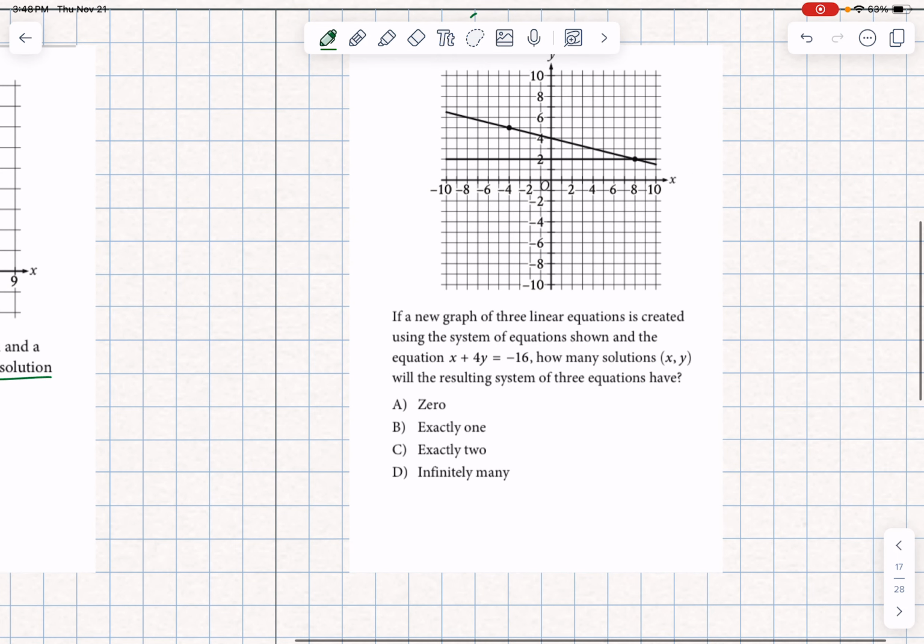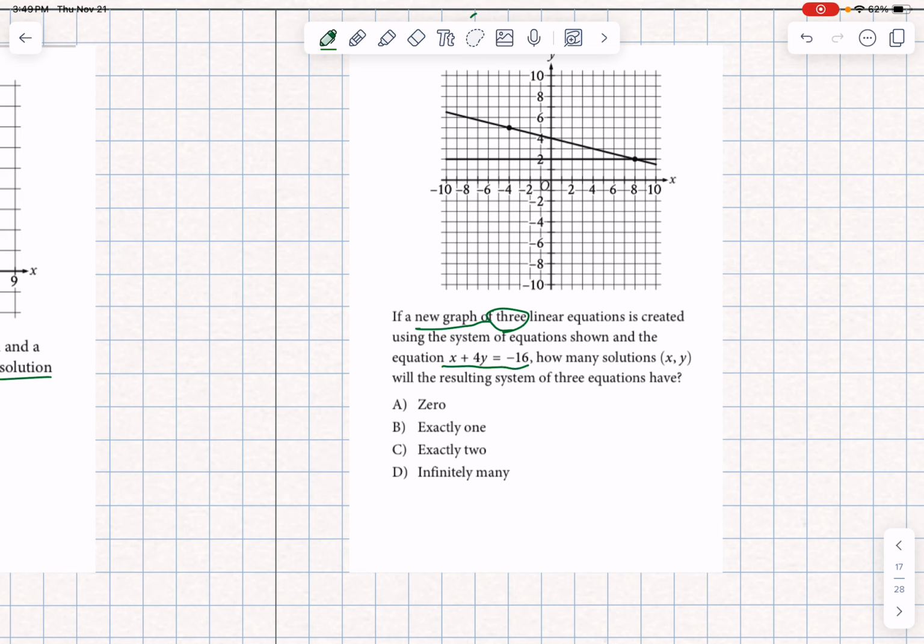Okay, and then another, look at this. If a new graph of three linear equations is created using the system of equations shown and the equation x plus 4y equals negative 16, how many solutions (x, y) will the resulting system of three equations have? There are three lines, but two lines are given as a graph and one is given as an equation.